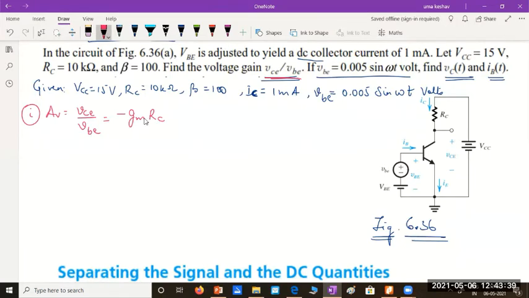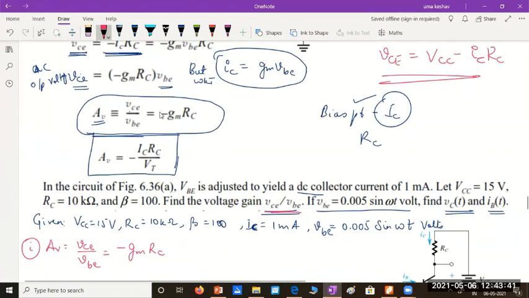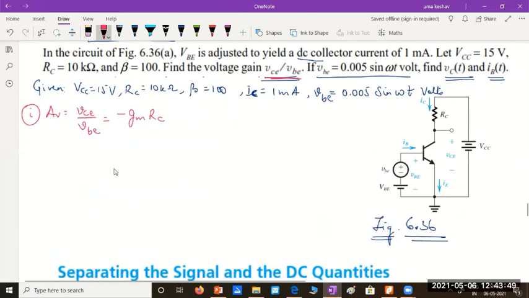This vce by vbe is minus gm into RC. So what should I do first? I should find gm. How do I find gm? IC by VT. Yeah, do it. How much would you get?